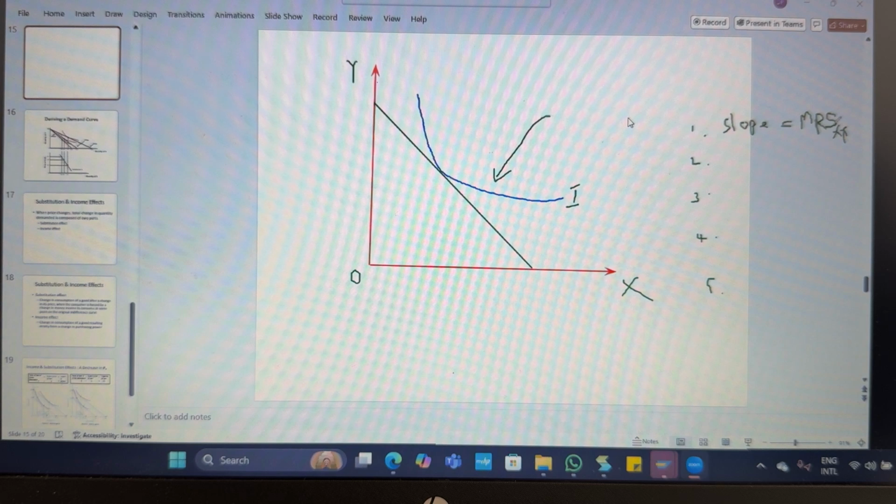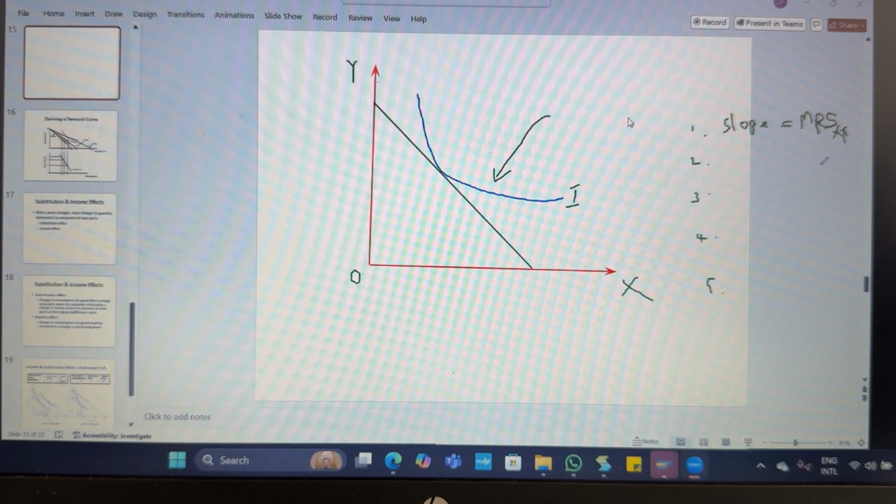The marginal rate of substitution. What does it mean?